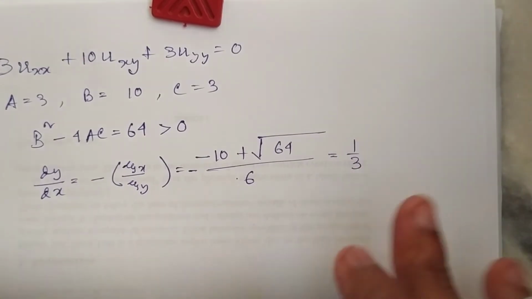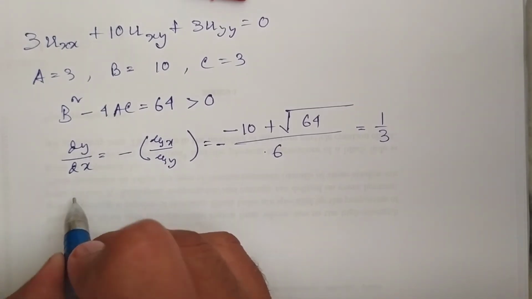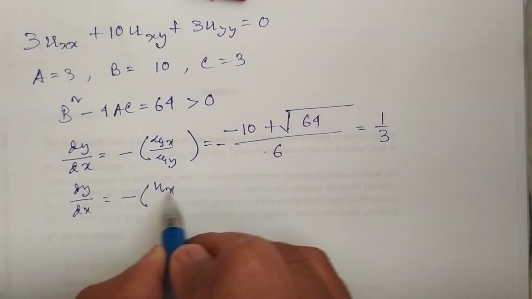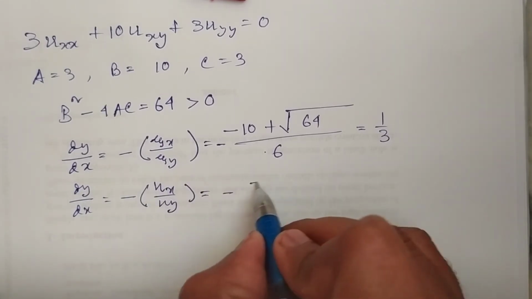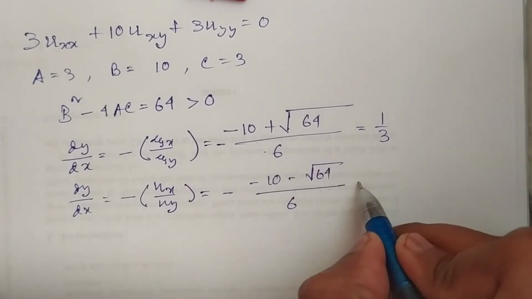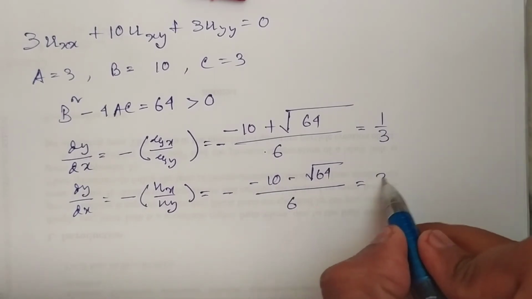1 over 3 then, and the other, that is dy/dx equal to minus xi_x over xi_y, and that is equal to minus 10 minus 64 over 6, and this is 18, so this is equal to 3.